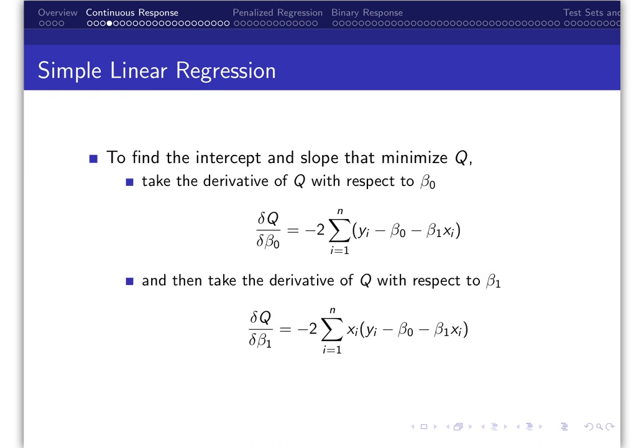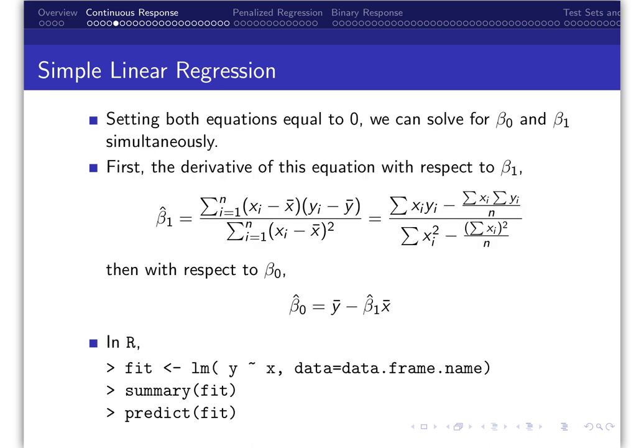To find the intercept and slope that minimize our objective function q, we take the derivative of q with respect to beta naught and also take the derivative of q with respect to beta 1, and we get these two equations. Setting both equations equal to 0, we have two equations and two unknowns, which can be solved simultaneously. After solving, we get this equation for the slope and this equation for the intercept.